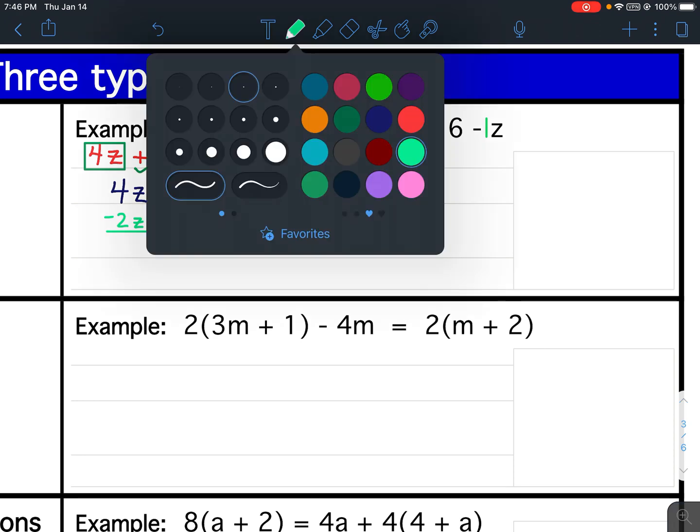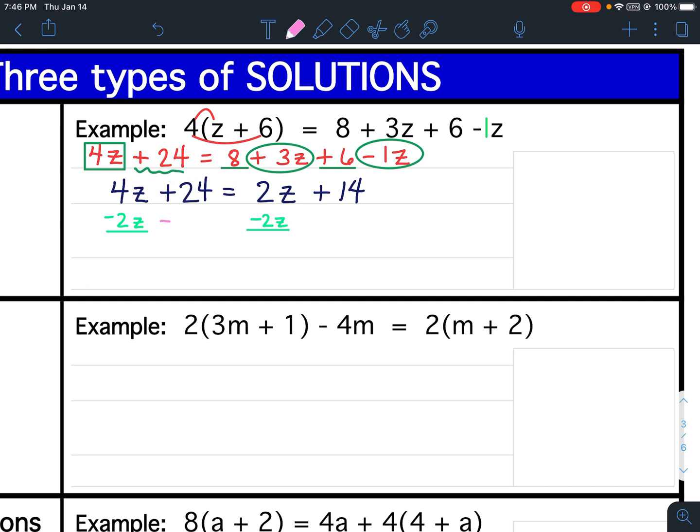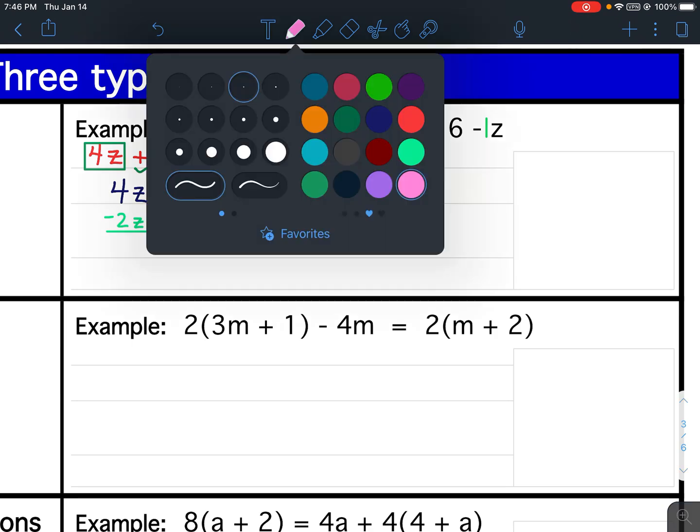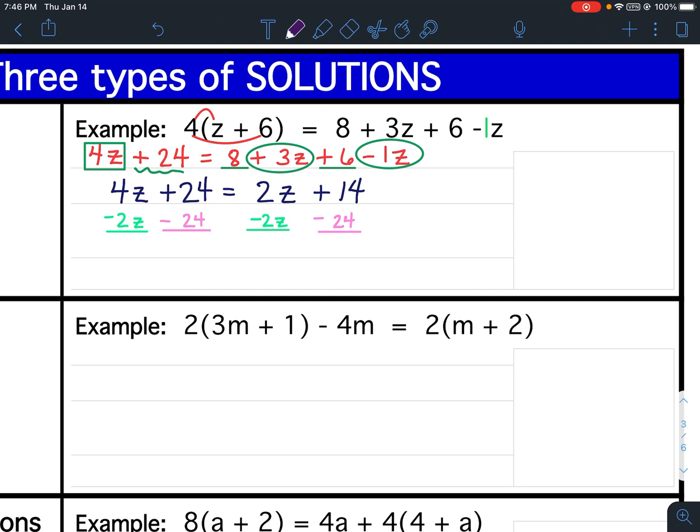And we're going to subtract 24 from both sides. By doing so, we have 2z equals -10. I know normally we would cancel these out, but I don't want you to put lines through what's written in blue.